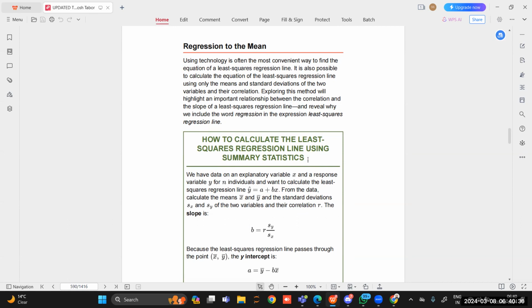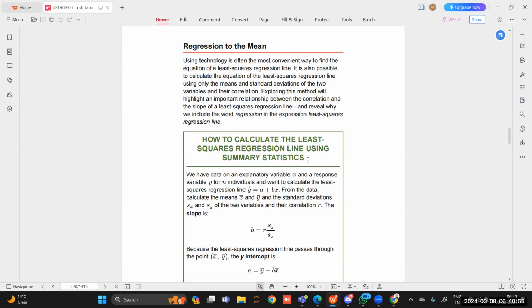What we have done earlier was very easy by technology, by using software, but doing it by hand, with pen and paper, is a very long task to plot the regression line and bring its equation.